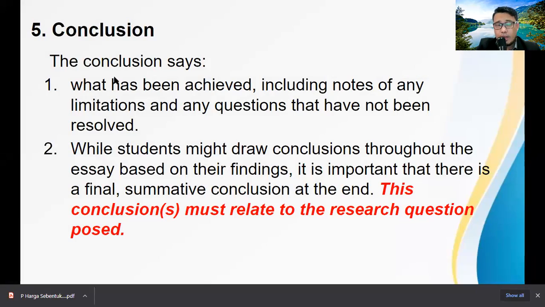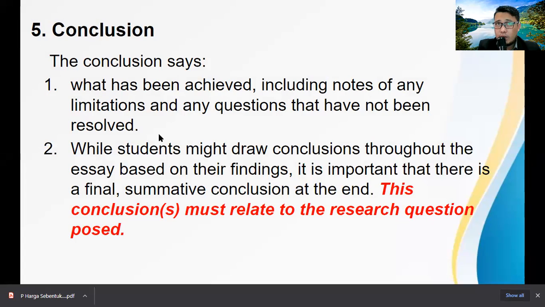Okay, and number 5 is the conclusion. So after the main body, you have to write the conclusion. In the conclusion, usually it is only 1 or 2 pages because you only have to write what has been achieved, your finding and discussion, summarize that, and include notes of any limitation or any question that has not been resolved.